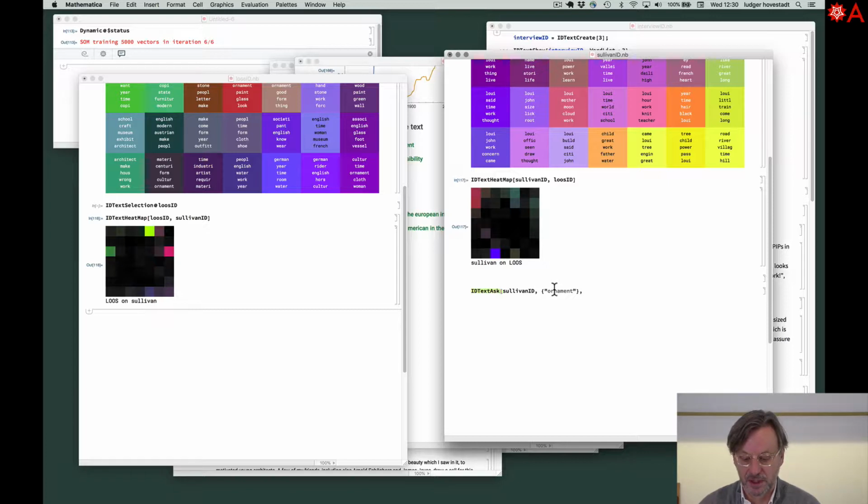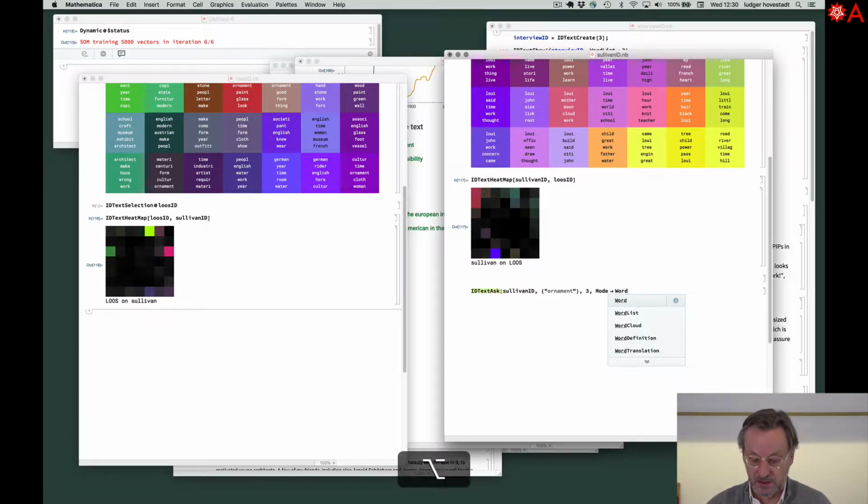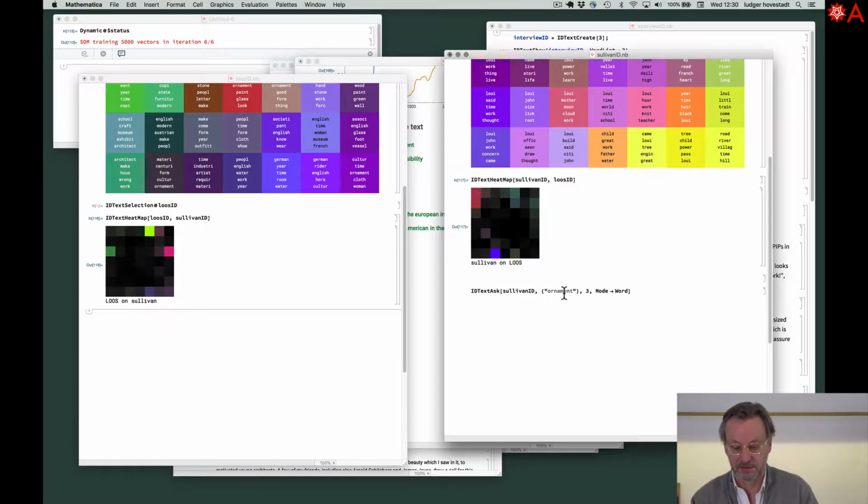We want to look for all the paragraphs in the library of Sullivan, the identity of Sullivan, where the word ornament appears. And this should be clustered in a map of, let's try with 3. And then we have a mode, and we want the mode to be the identity of word. So this creates a map with paragraphs containing the word ornament.